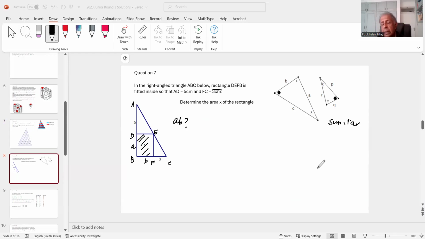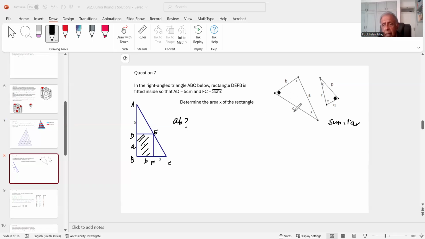You will study similar triangles at a higher level, maybe grade 11, perhaps even in grade 10. But one very obvious fact about this is that one is just an enlargement of the other.